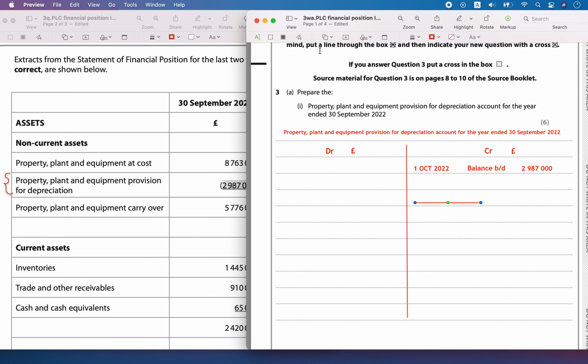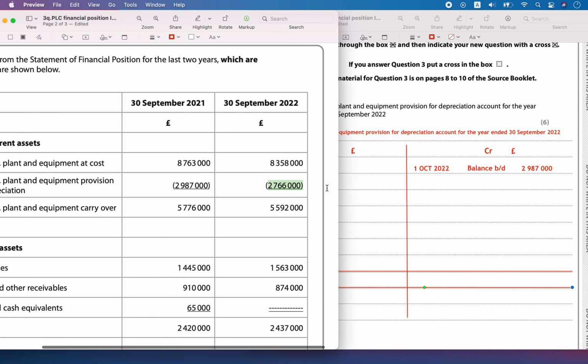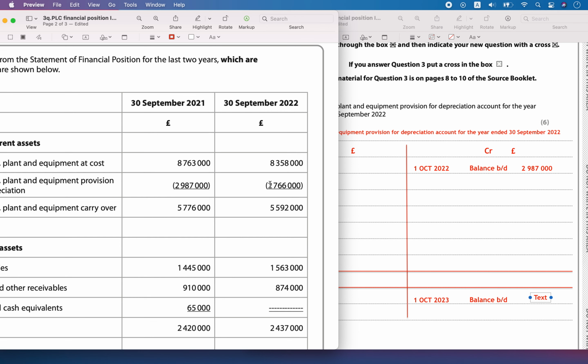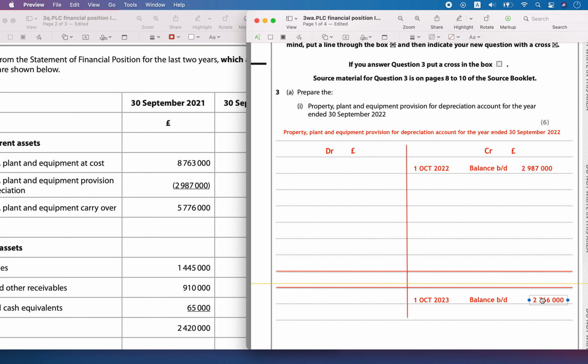And the ending balance is also given, 2,766,000. So on 1st October 2023, this balance brought down has become equal to 2,766,000.